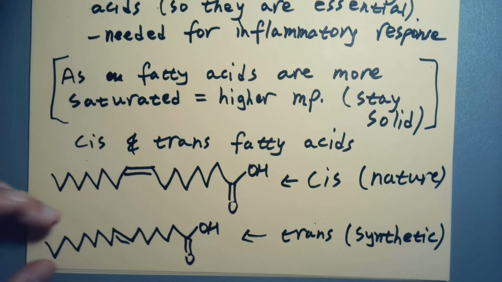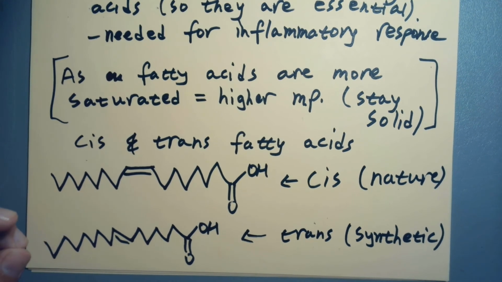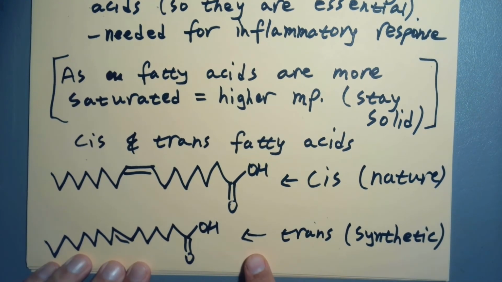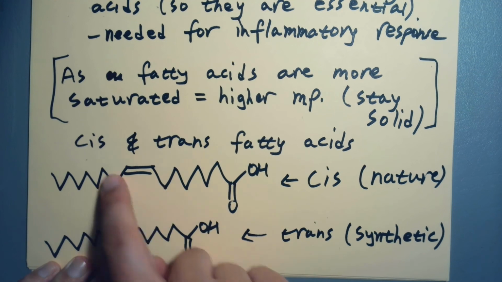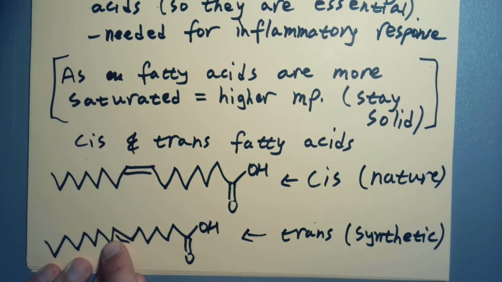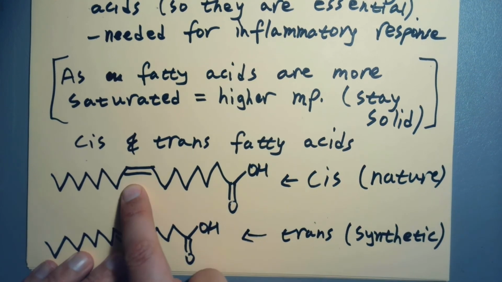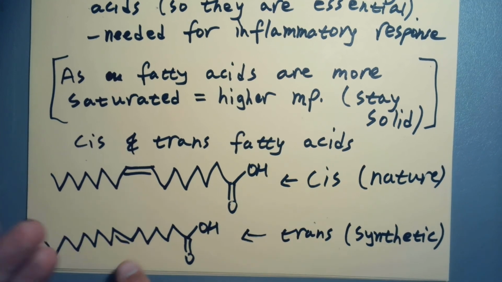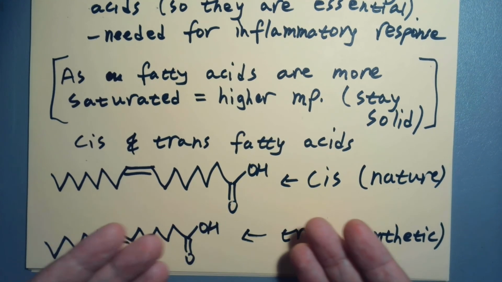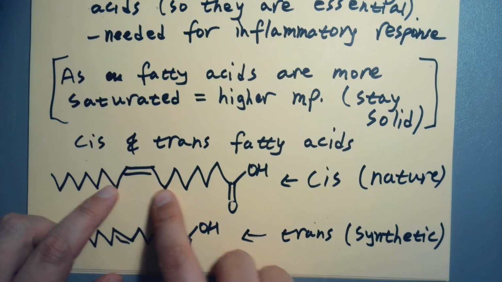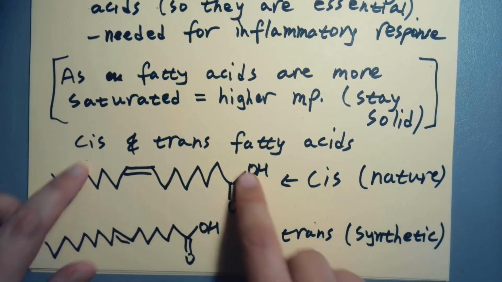If anyone's ever heard of Olestra chips from the 90s, potato chips, we can't digest trans fats. We have to have an enzyme to deal with this. We don't have an enzyme to deal with this because why would we? We eat plants. This is what we get. Why would we waste time making an enzyme we would never use? And so this is what you see in fats and oils.